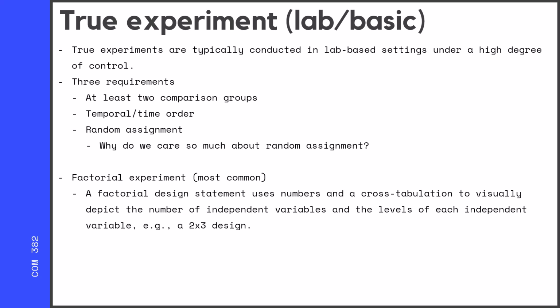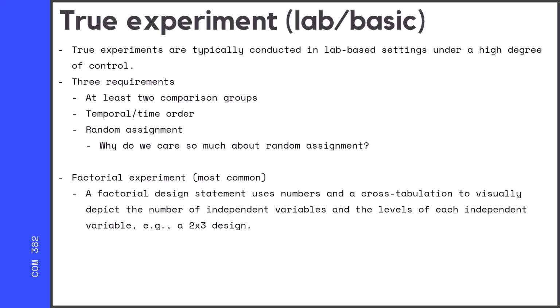So let me give you an example of a true experiment in a lab setting. You probably don't know this, but all over the communications building, there are these little labs that people do experiments in. So imagine that there's an experiment that is interested in understanding implicit bias, okay?